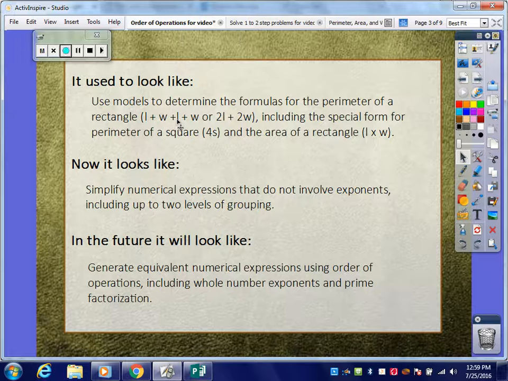Now, this year, you will use it to simplify numerical expressions that do not involve exponents, including up to 2 levels of grouping. And then in 6th grade, you will use it to generate equivalent numerical expressions, including order of operations, including whole number exponents, and prime factorization.